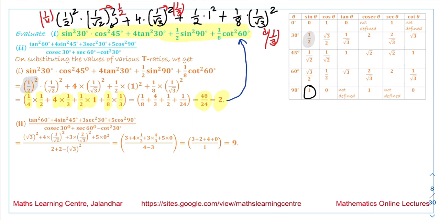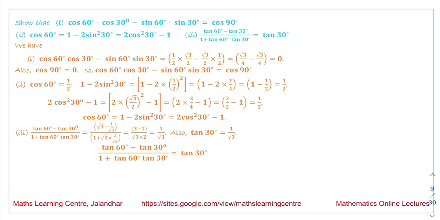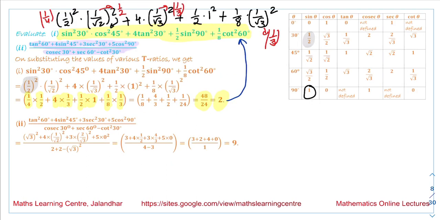Next, the question we have is tan 60 degrees plus 4 times sine 45 degrees. So what is the value of tan 60 degrees? It is root 3 squared, plus 4 times sine 45, which is 1 by root 2 squared, plus 3 times secant 30.